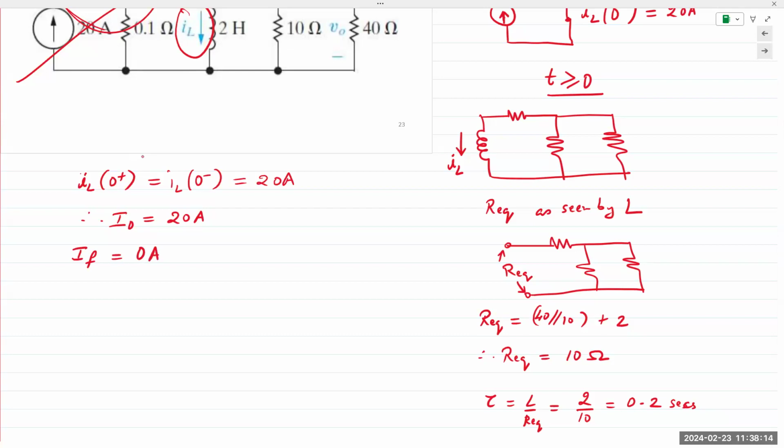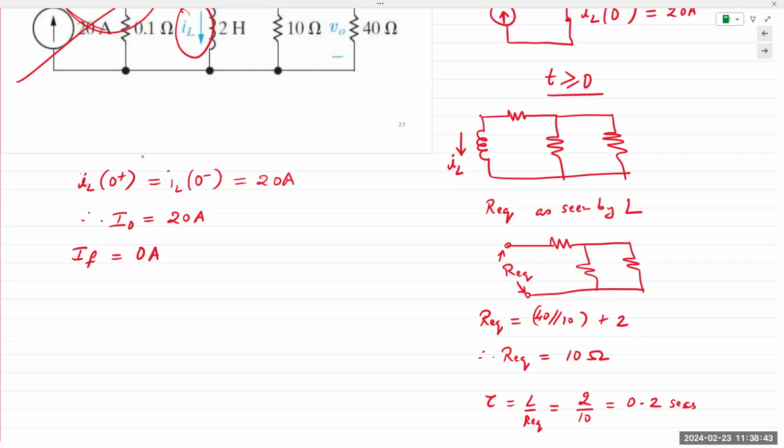Let's take a pause and think about this. We drew the circuit for time t less than 0. We extracted the information that the current through the inductor is 20 amps because it's at steady state, and if it's at steady state, it behaves like a short circuit. It has reached full charge. Then we redraw the circuit for time t greater than or equal to 0.